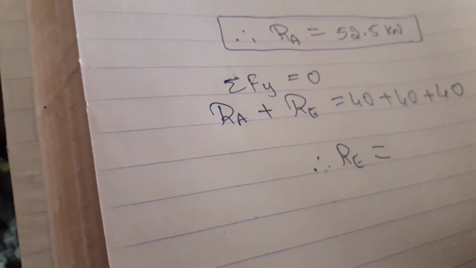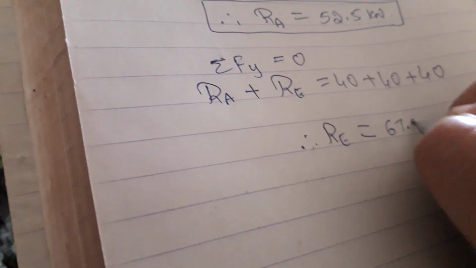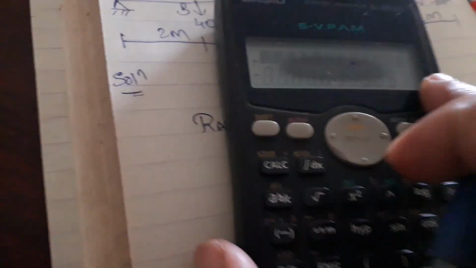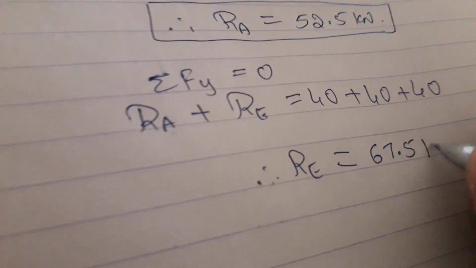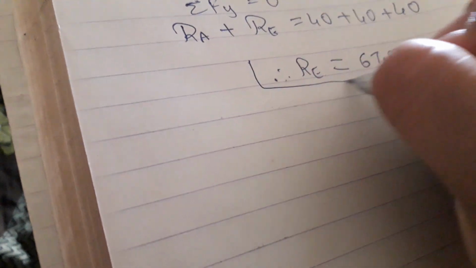So from this we have to calculate RE. So we get RE is equal to 67.5 because it is like 40 plus 40 plus 40 minus 52.5. You get 67.5. So this is 67.5 kilonewton, the reaction.